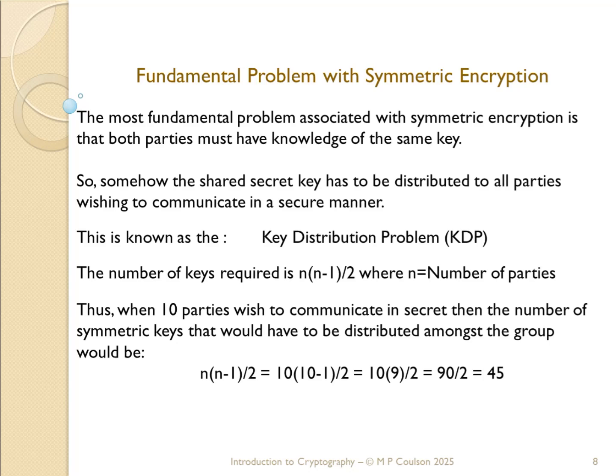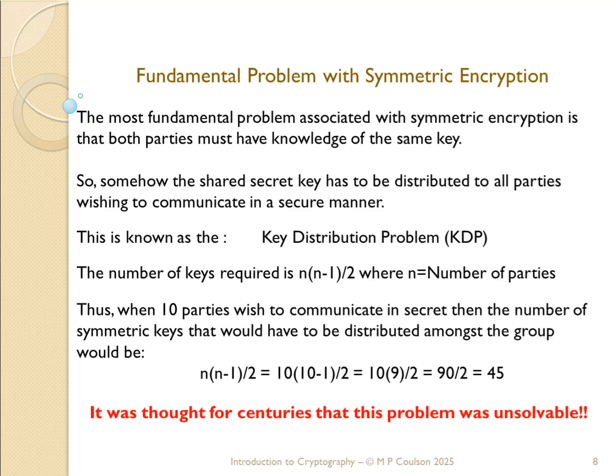The number of keys required is n times n minus 1 divided by 2, where n equals the number of parties. Thus, when 10 parties wish to communicate in secret, then the number of symmetric keys that would have to be distributed amongst the group would be 45. Even with a secure symmetric encryption algorithm, the keys have to be distributed, and how to do that securely was thought to be an unsolvable problem for centuries.